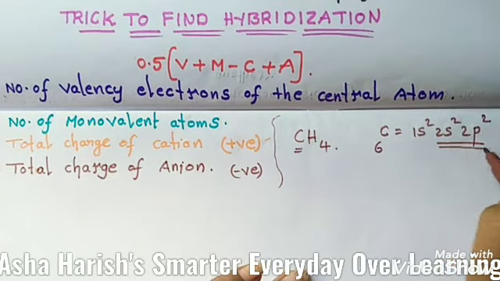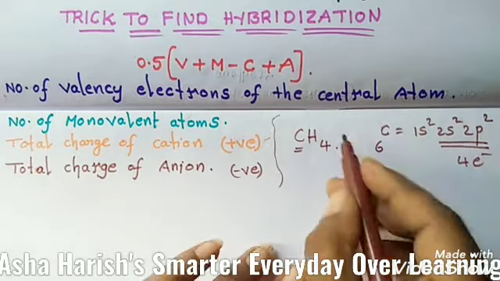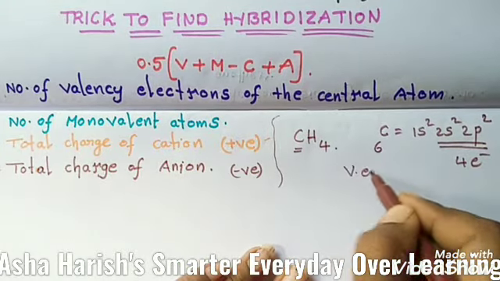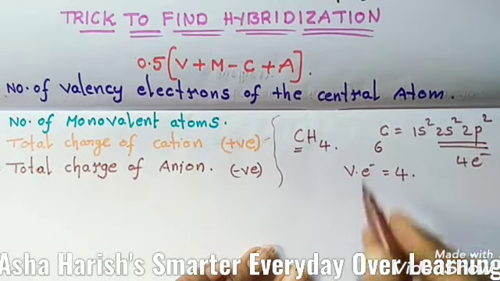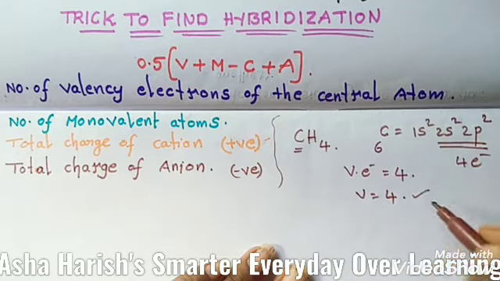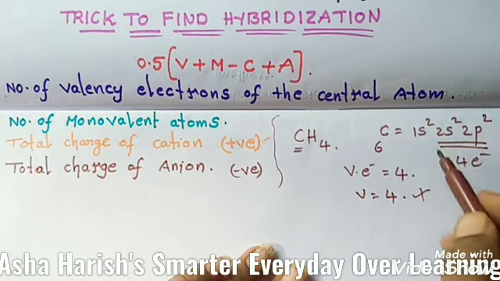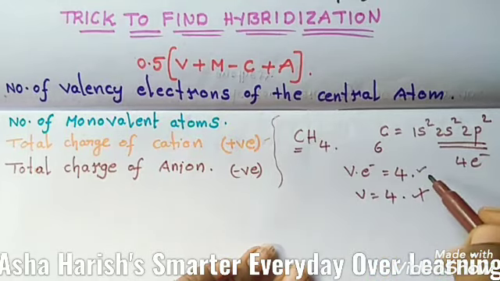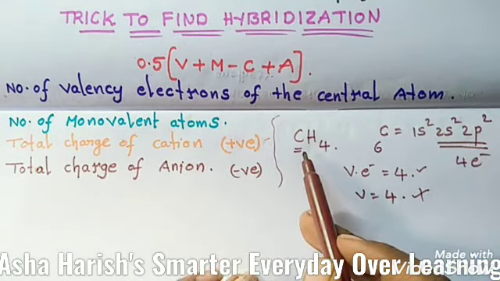These are the 4 electrons, so in this central atom, carbon, the valency electrons are 4. The valency is also 4, but you should ignore that valency, no need for it now. You should take the number of valency electrons of the central atom.